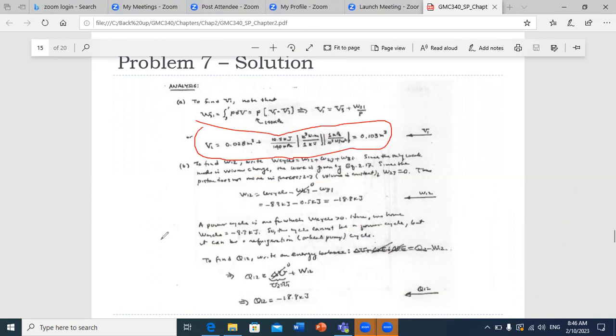Then, to find the work, we know that W cycle, the total work in the cycle, is the summation of work in the different steps.